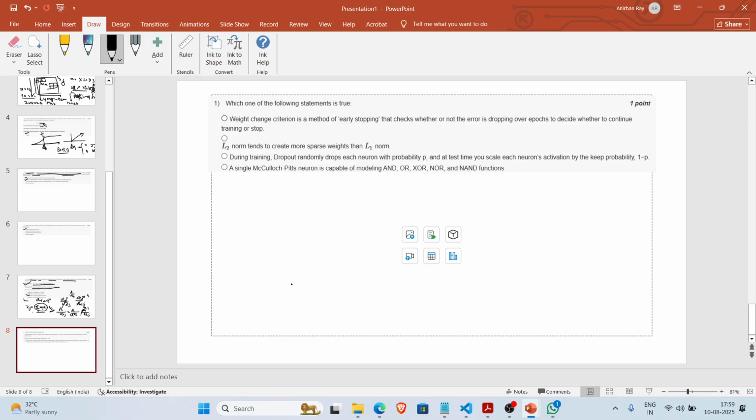Okay. The next question is this one. Which of the following statements is true? The weight change criterion is a method of early stopping.